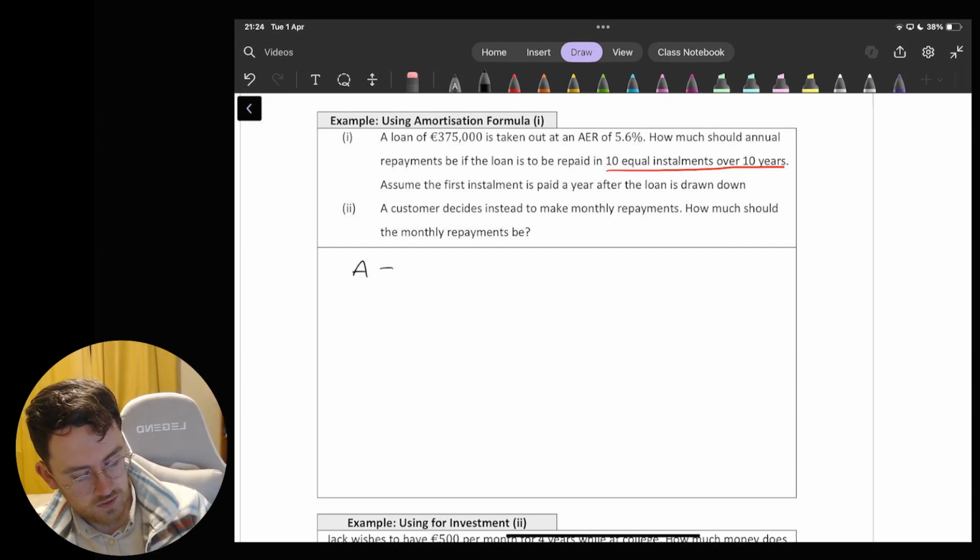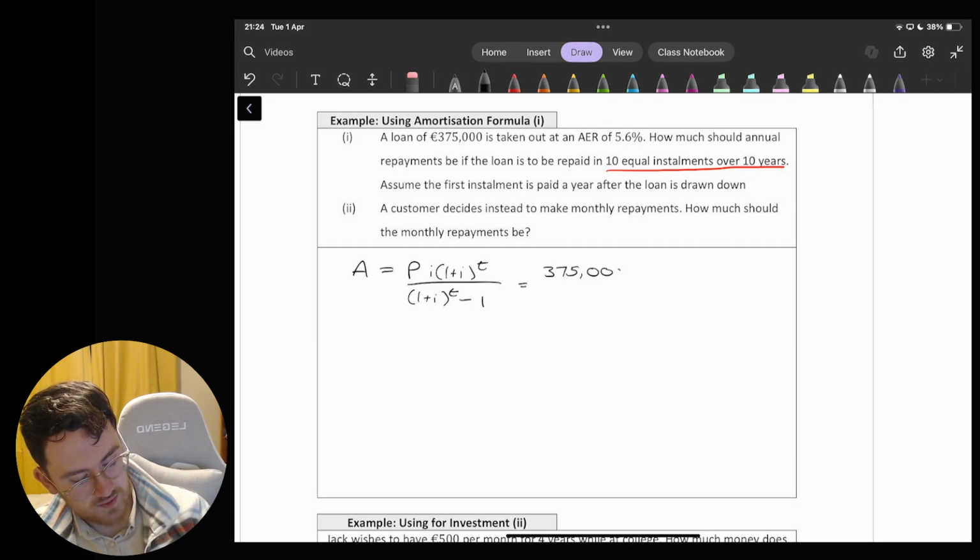So we're going to be using our formula here, which is provided for us in the formula and tables book: 1 plus i to the power of t over 1 plus i to the power of t minus 1. Let's fill in anything that we can here. The principal value is 375,000.